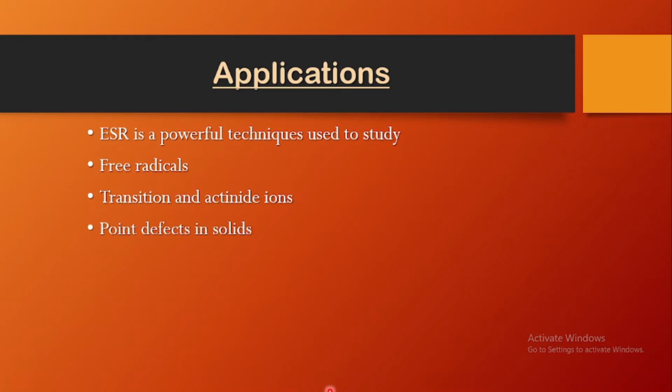Moving to the third, it is used to study the various point defects in solids. It may be the delocalized imperfections; these can also be studied using ESR. Also we can find out whether the system has more than one unpaired electron or not, like the triplet state systems, the biradicals and also the multiradicals.